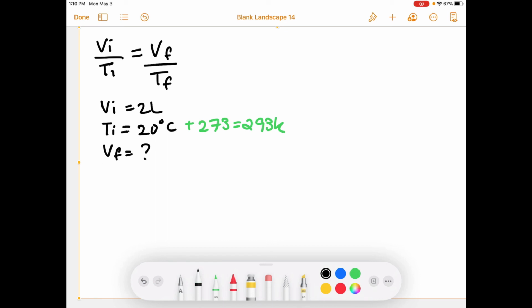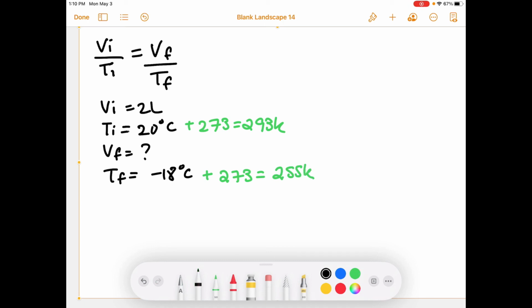We still don't know what the final volume is, because now we're given a new temperature, which is negative 18 degrees Celsius, but to get Kelvin, we're going to add 273, and that's going to give us 255 Kelvin.